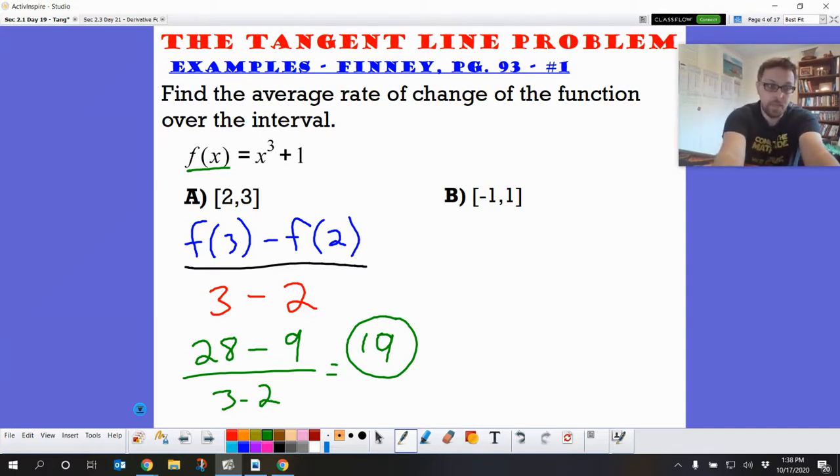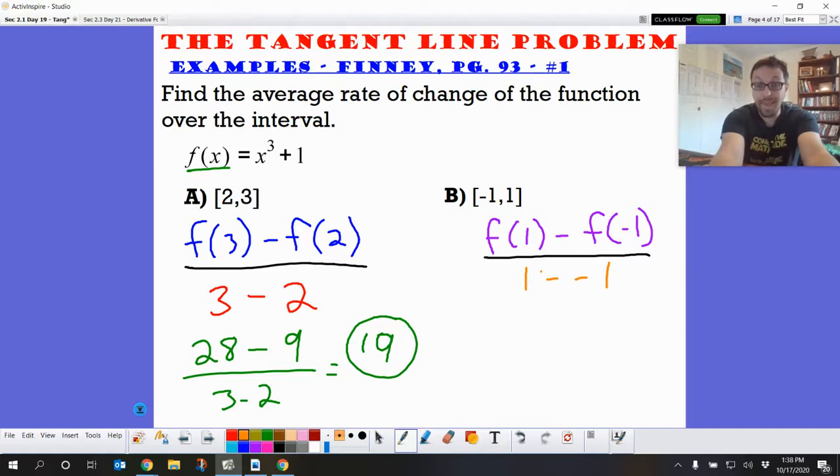What if we look at a different interval for this same function? If we do our f of 1 minus our f of negative 1 over our two x values, so we want 1 minus negative 1. F of 1, we're still going to be putting it into our f of x up here. So 1 cubed plus 1, that's 2.